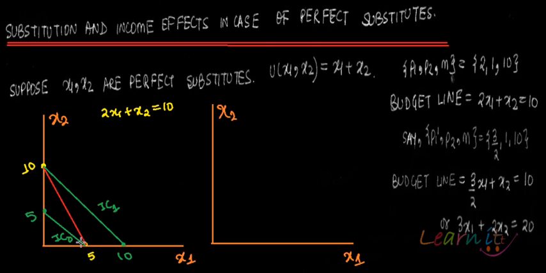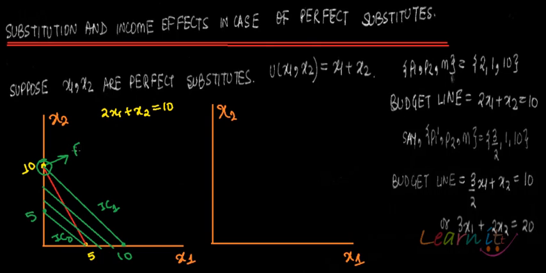I can start from this point and go up like this, and so on. So the maximum indifference curve which I can achieve is this IC1, and it is touching the budget line at this point.